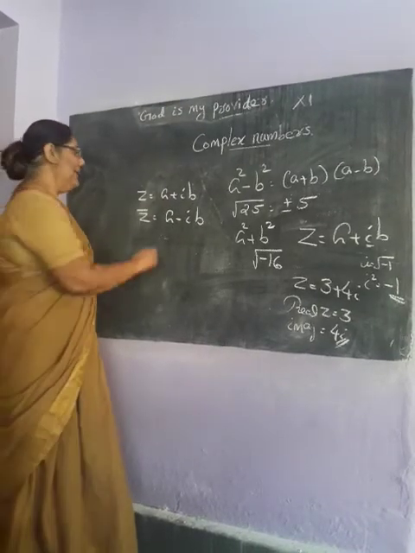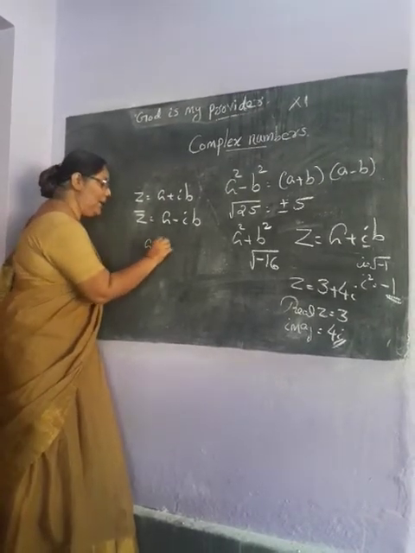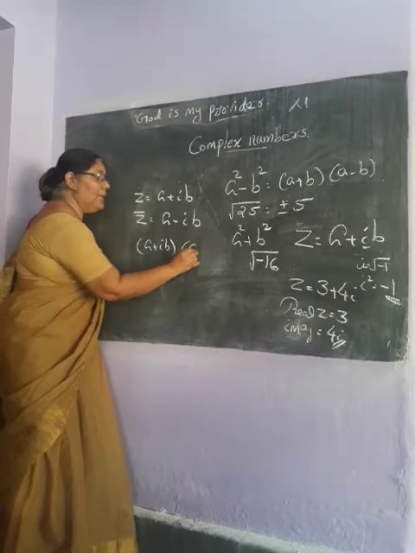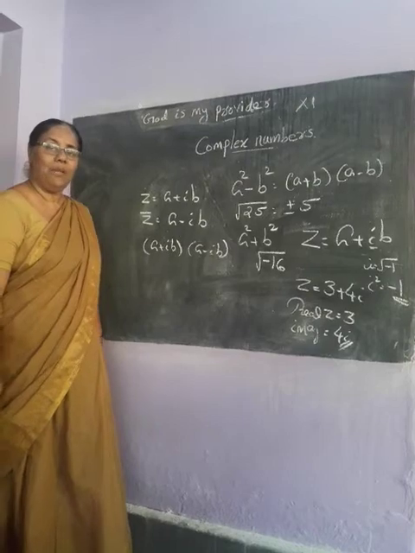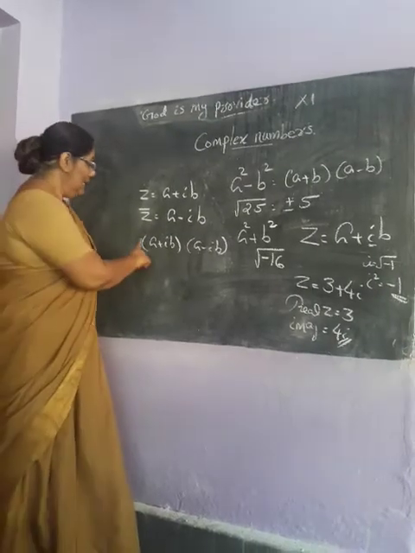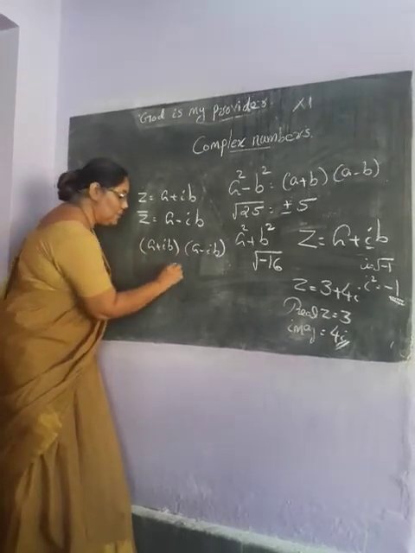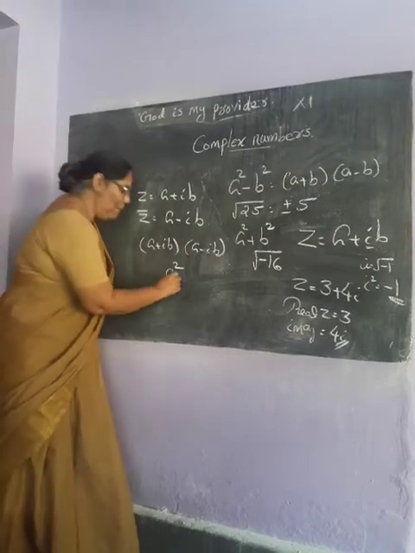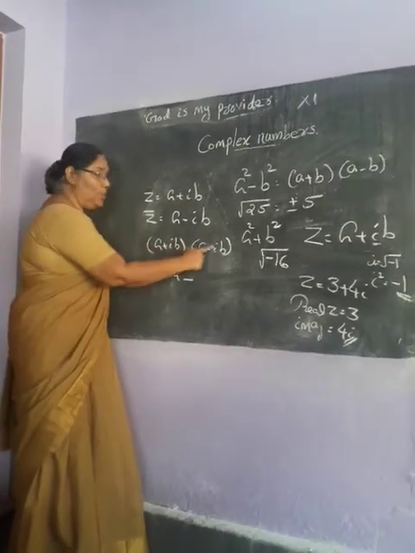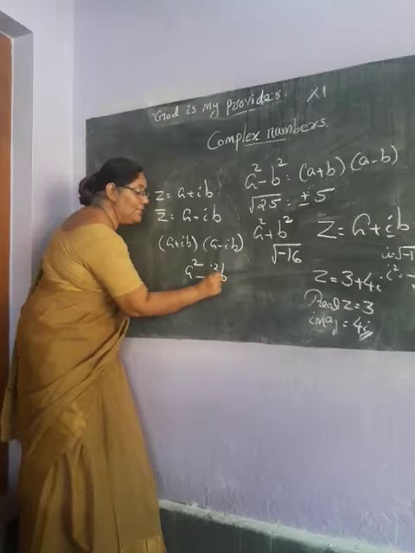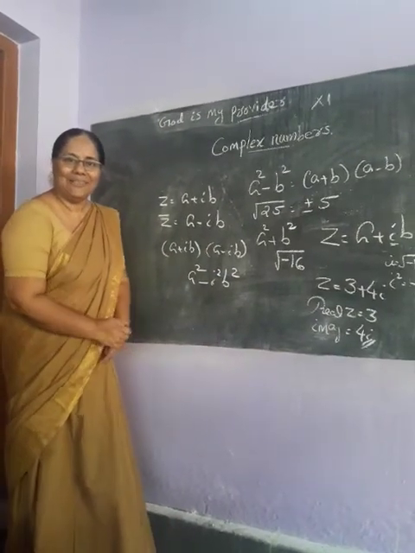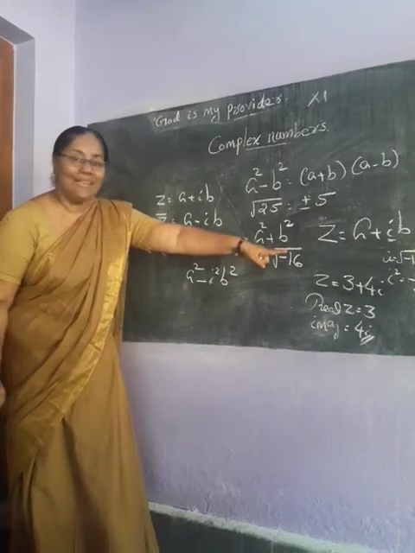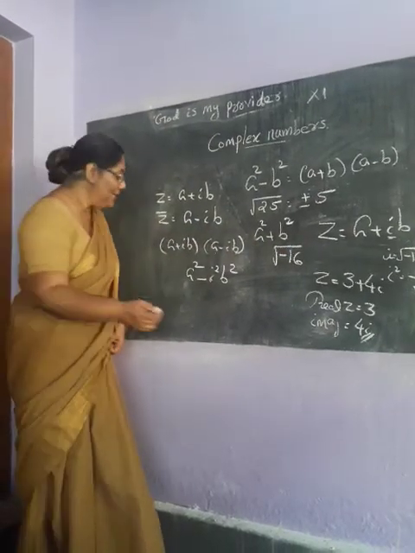Now, a plus ib into a minus ib. Check the answer. What is a plus ib into a minus ib? A into a is a square, minus i into i, i square, b square. What is i square? I square is equal to minus 1.